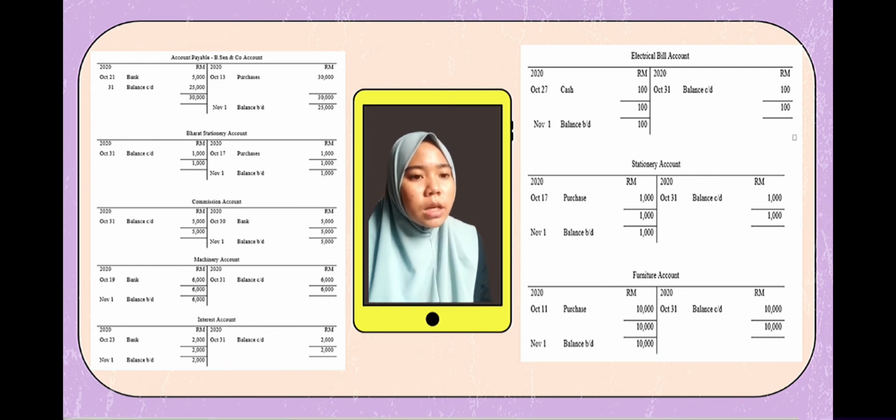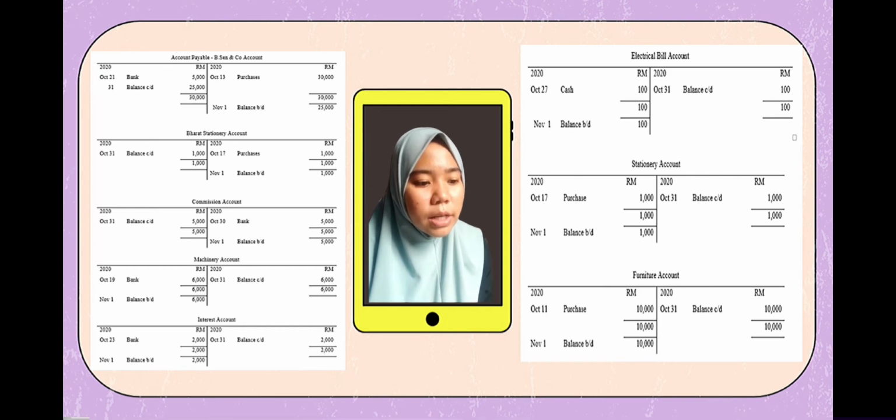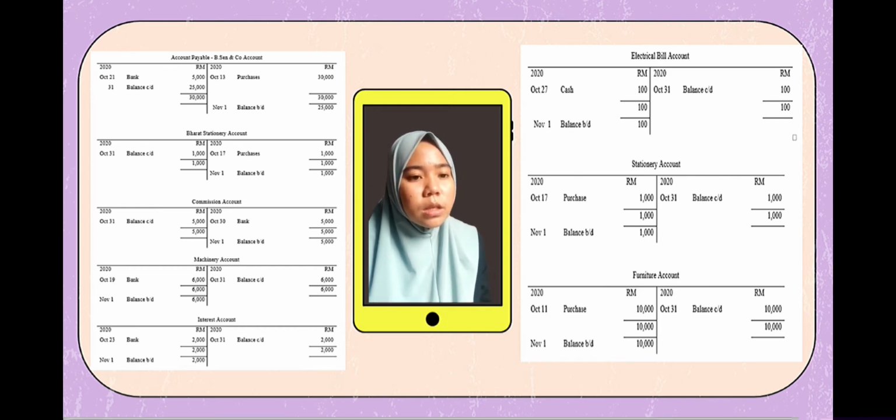For commission account, the balance on 31 October is 500, from the bank 500. So the balance on 1 November is 500. For machinery account, from bank 600.